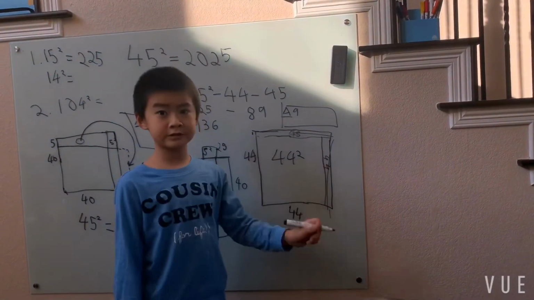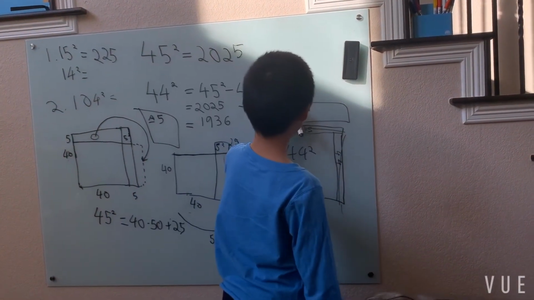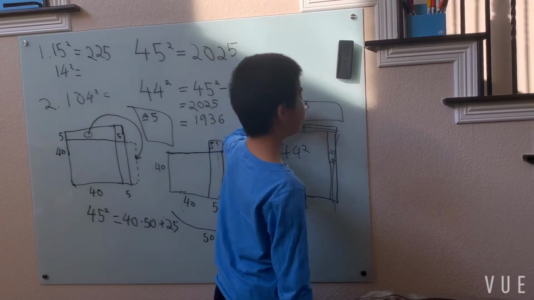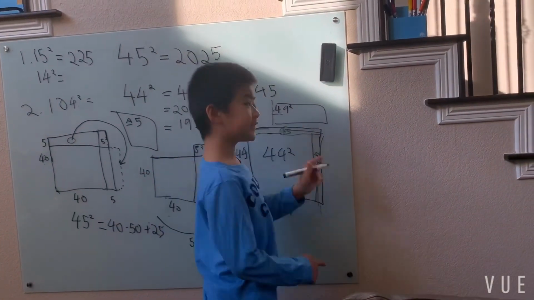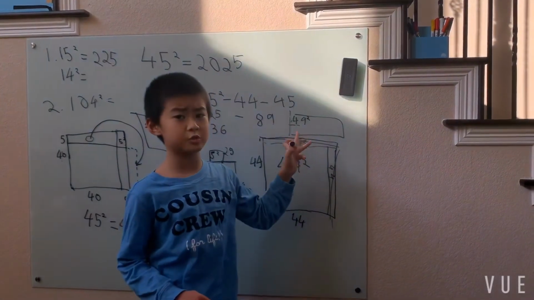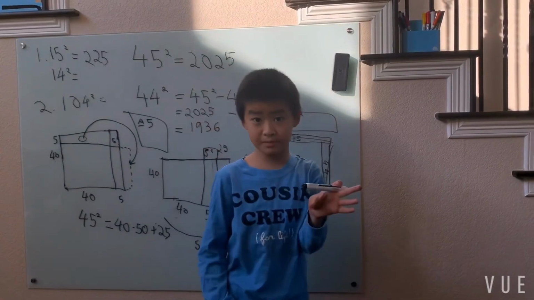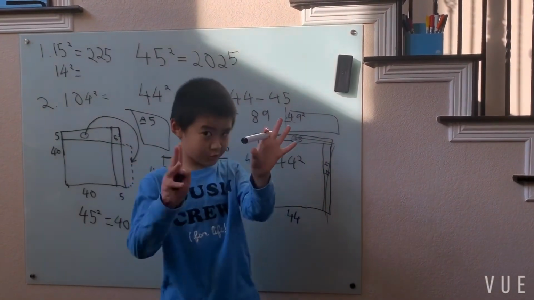I start off with the square I know. For example, if I had 49 squared, I start off at a square close to 49 squared that I know. Well, not 48 squared, that's pretty complicated, but 50 squared is pretty easy.